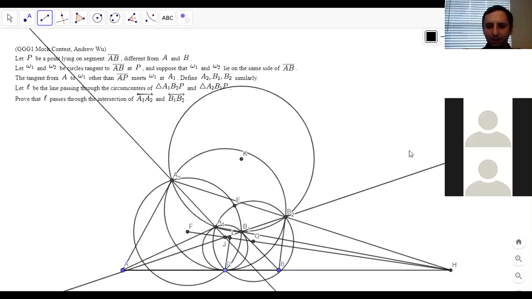Ah, I see what you're saying. So L will be the Miquel point, right? Yeah. So K, L, P, E will be collinear.